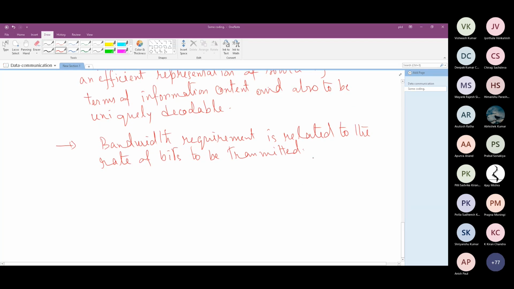So that means if our source is producing say 10 to the power 6 bits per second, then basically we have to send these 10 to the power 6 bits per second from one place to another place.